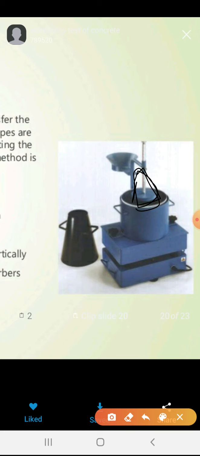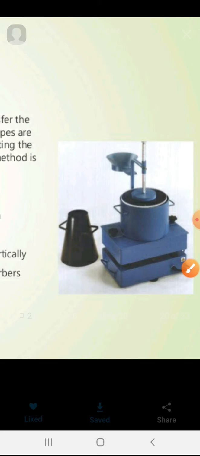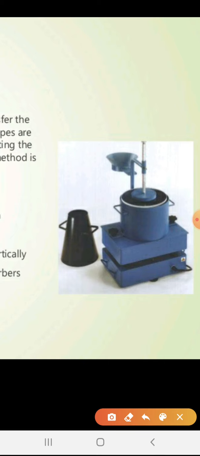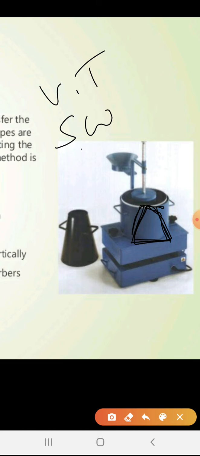Over this concrete, we are just inserting a disc plate, which you can see here, so below this disc plate the concrete will be in a conical shape. Simultaneously we are switching on the vibrating table and stopwatch.